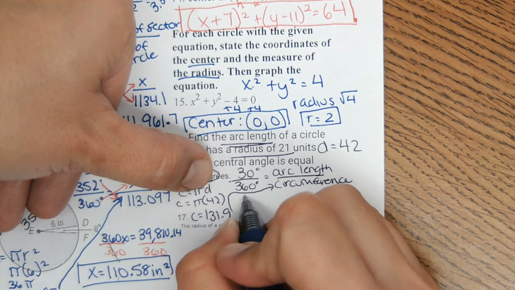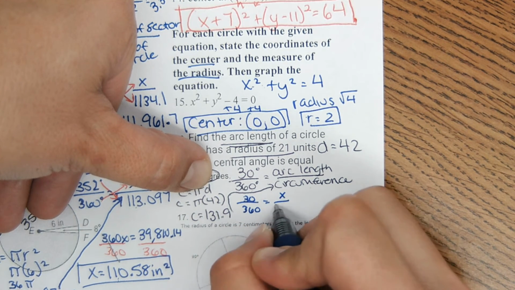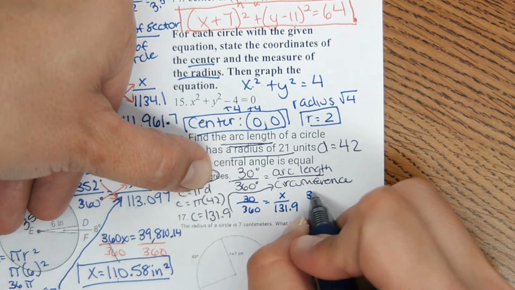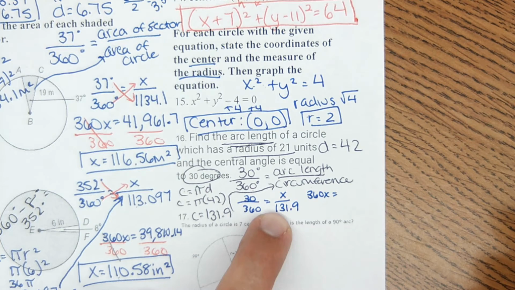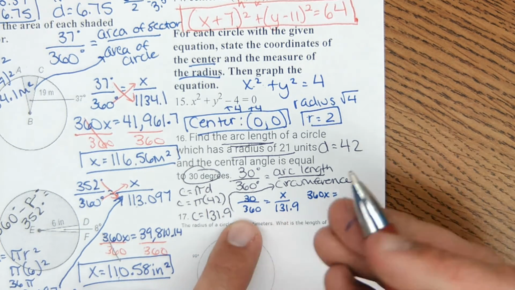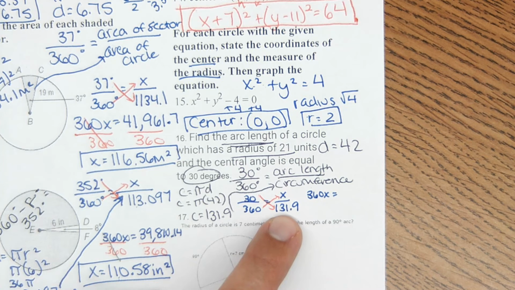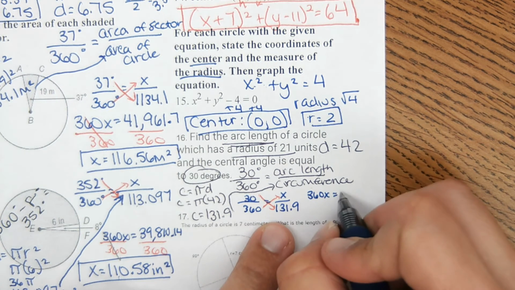So we got 30 over 360 equals x over 131.9. 360x equals, so I'm cross multiplying, 30 times 131.9 is 3957.